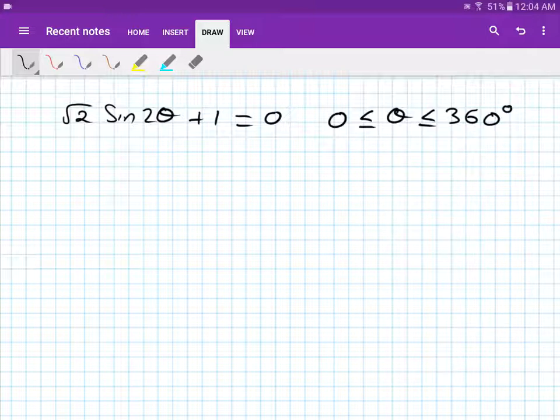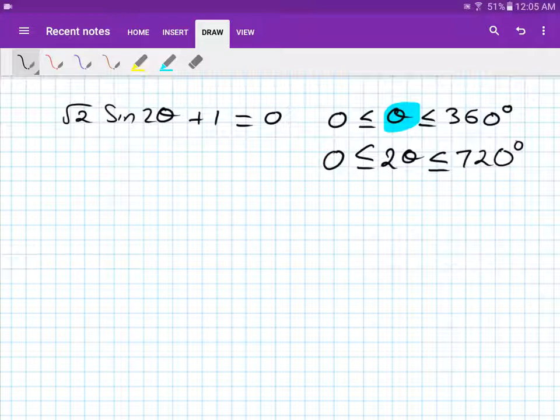Have a look, this is 2 theta, and this one here is theta. So we need to fix up the domain first. This is 2 theta, so I double up: 0 to 720. Remember, step number 1 on this kind of question, you fix the theta up, so 720, because you times 2 for every single one of them.